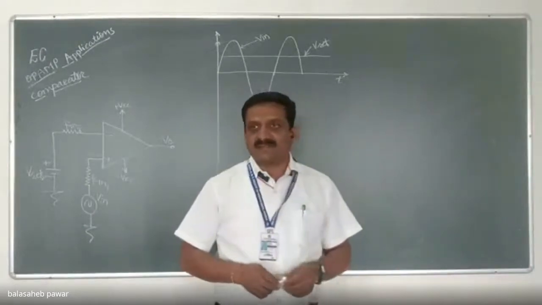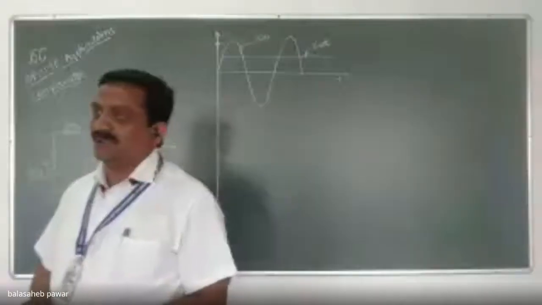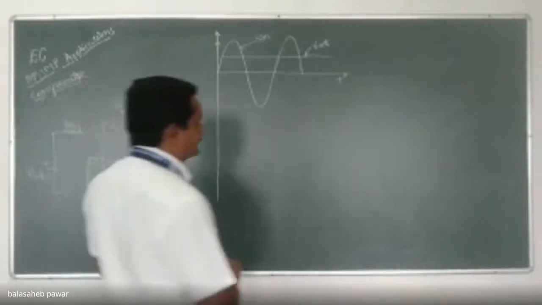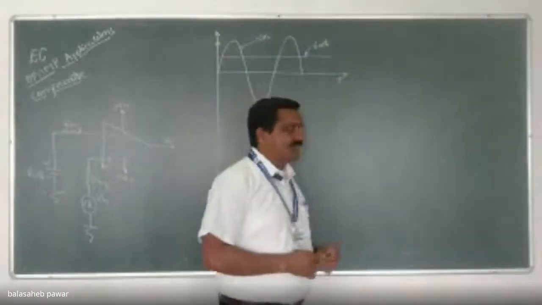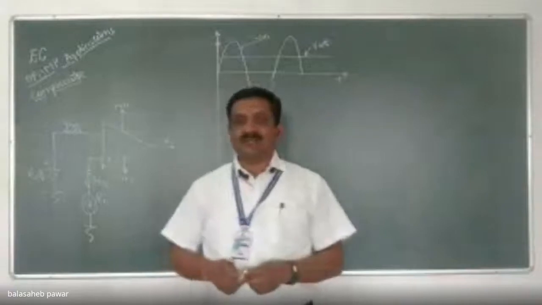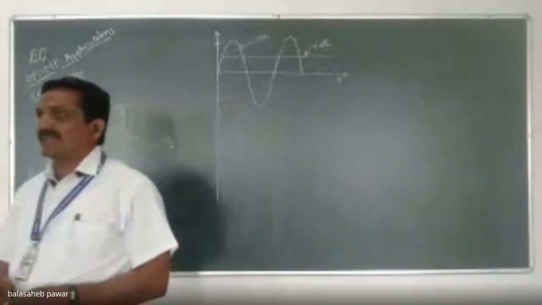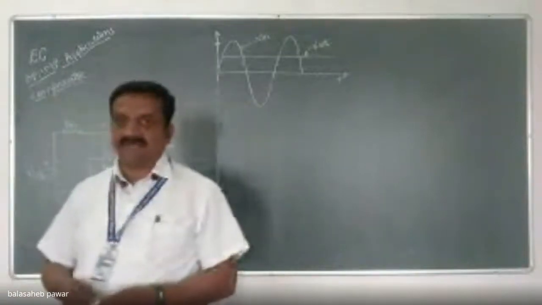In the ideal case, the op-amp offers infinite gain. Open loop gain of the op-amp is infinite, ideally. Practically, it is very, very high.